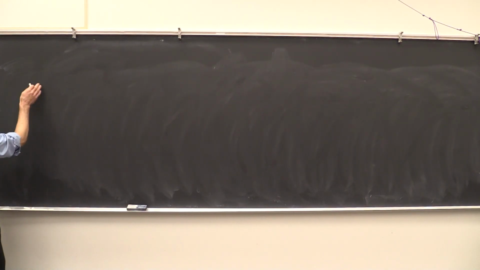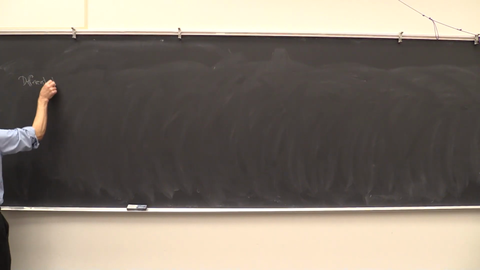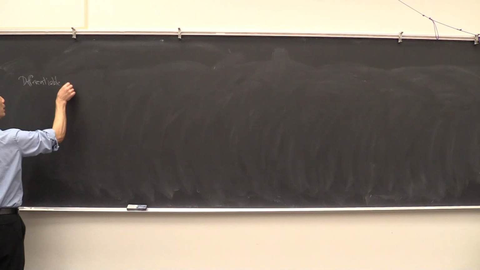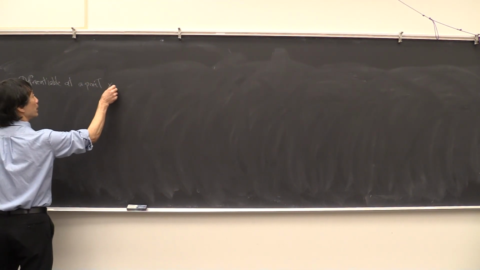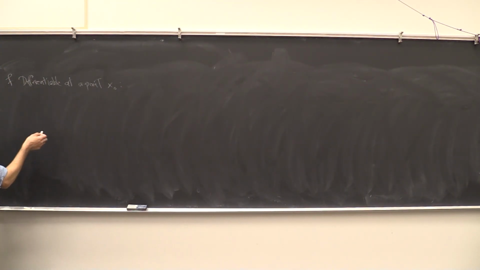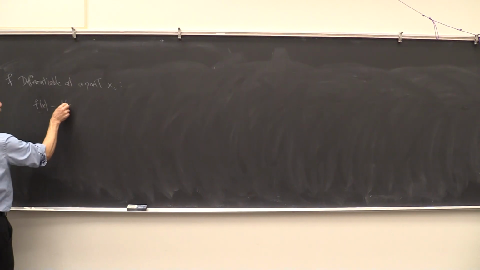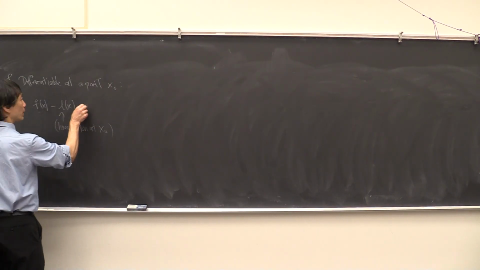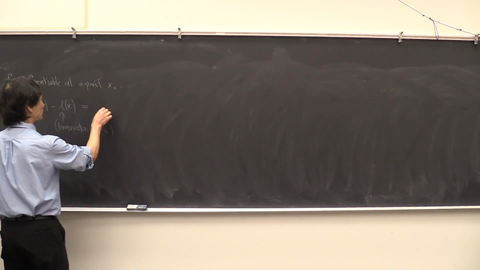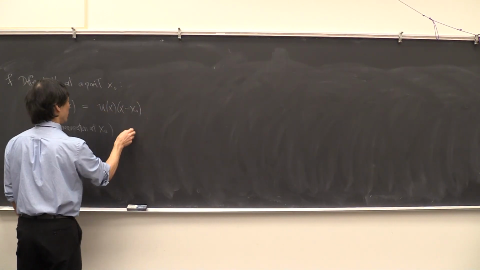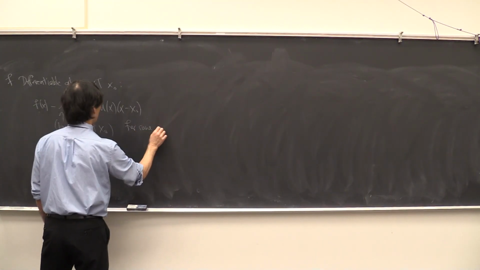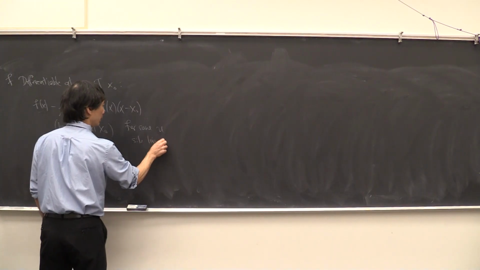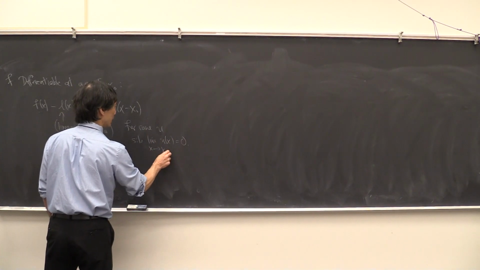So, differentiable at a point x naught. Remember, what that means is that f minus the linearization at x naught equals u of x times x minus x naught for some function u, such that as x approaches x naught, that thing goes to 0.